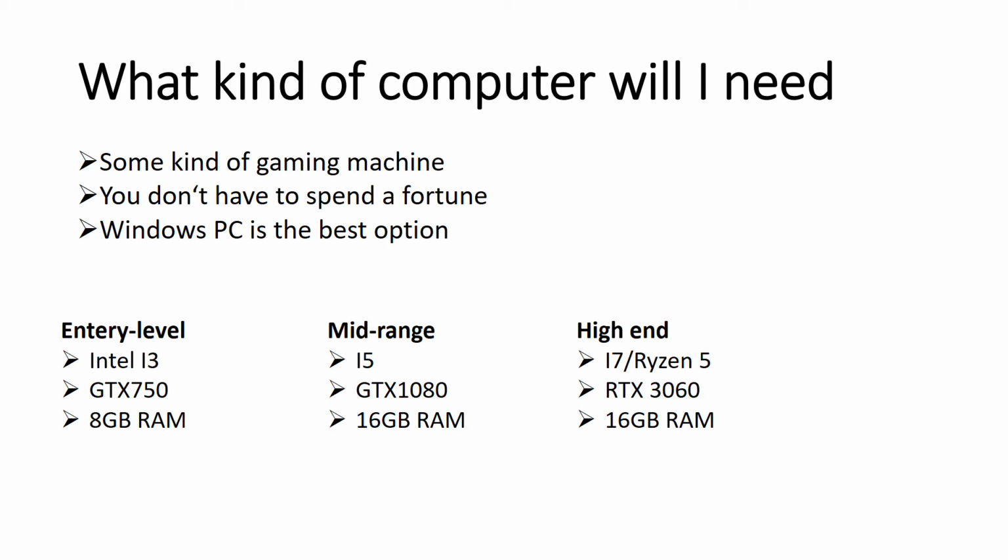Now, of course, some people and PC enthusiasts will go way higher than this, but I just wanted to give you a general idea what kind of computer you'll need for flight simulation. So yeah, this high-end machine I've listed here will be able to run all of the simulators on high settings.